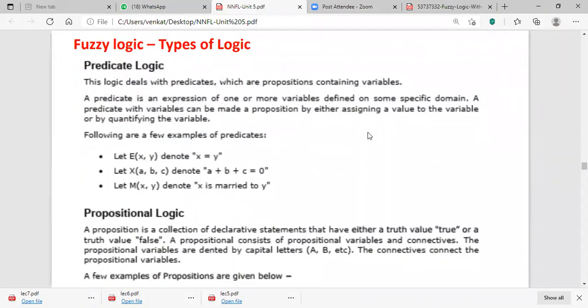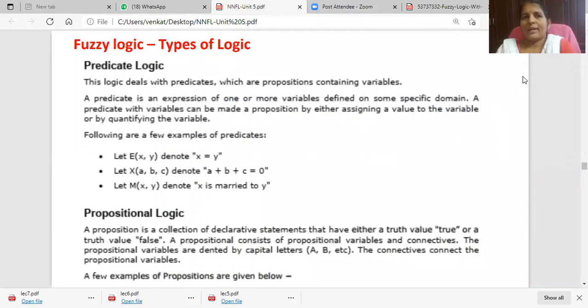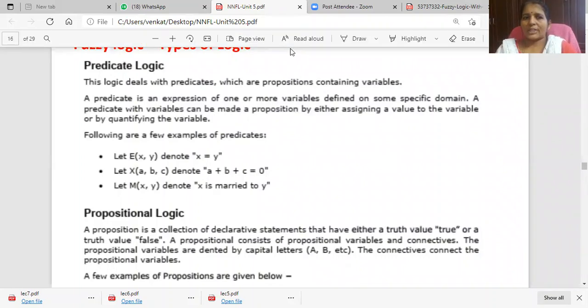The next one is types of fuzzy logic. Here you have two types of fuzzy logic: predicate logic and propositional logic. The predicate logic contains variables.